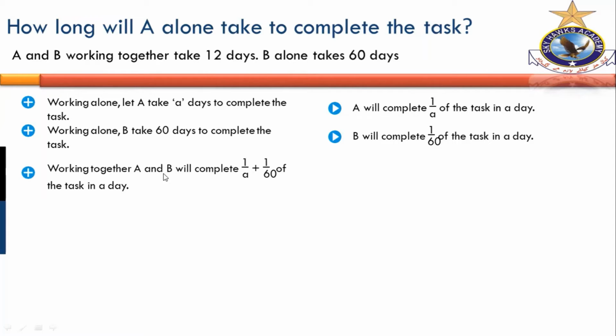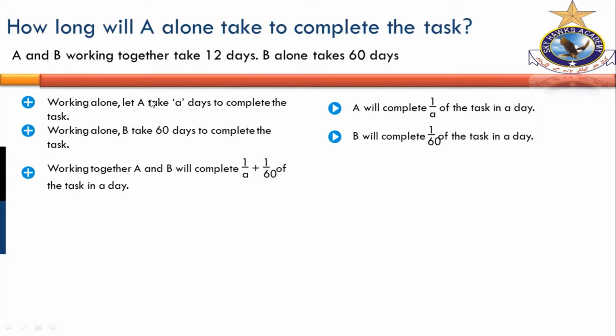Working together, A and B will complete 1 over A plus 1 over 60 of the task in a day. Okay, so this is just coming out, because we are looking for one day. So we are just adding up the rates. The last time, there was a key point that you can add the rate of the time, the number of days.